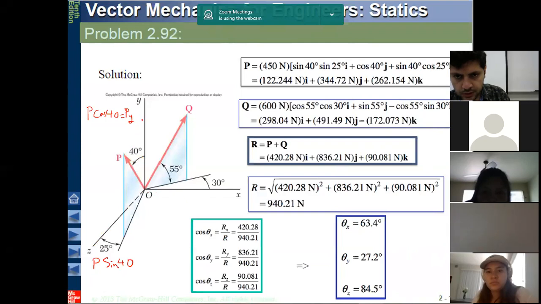So if I just draw a line parallel to the XZ plane, then I would have this rectangle here, right? So if I multiply P by sine of 40, that would give me this length, this dashed line. So this is P sine of 40.